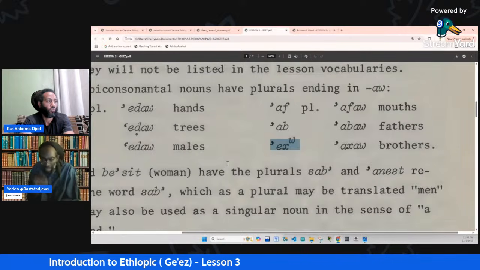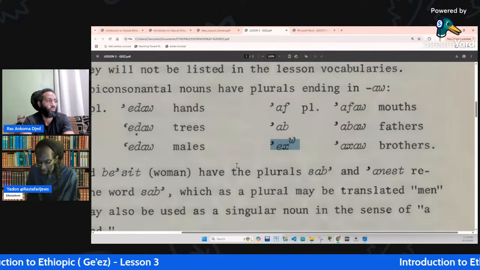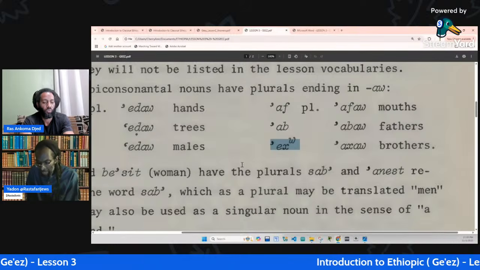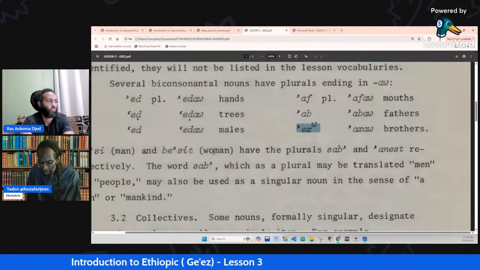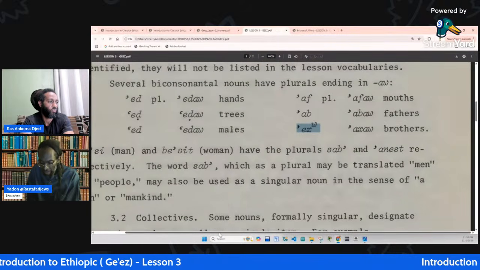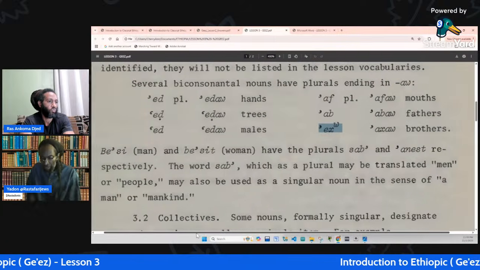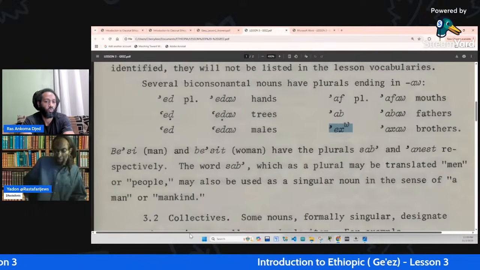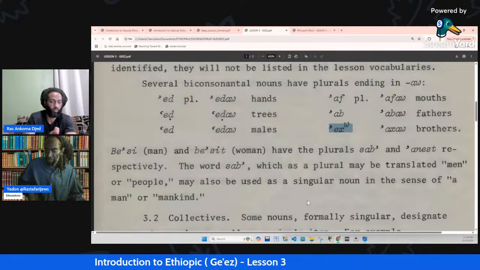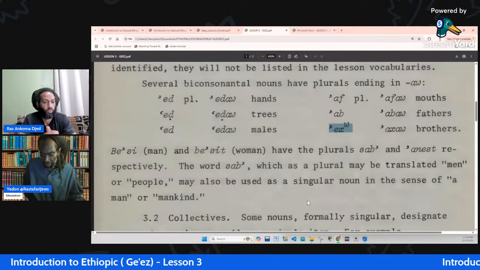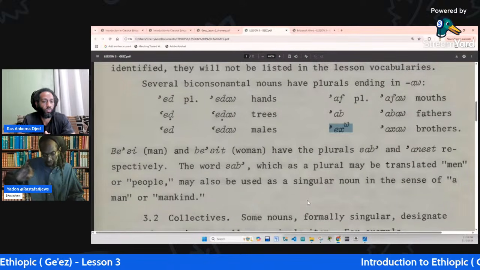Ech, but here acho or echo. It's like an echo, right? Echo, abo, af. Of course, with the a in those words, it's a little bit different. It's not just f. It takes on a little bit more.